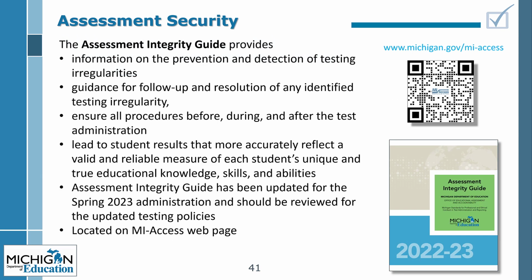The Assessment Integrity Guide provides a number of items, including information on the prevention and detection of testing irregularities, guidance for follow-up and resolution of any identified testing irregularity, and assurance that all procedures before, during, and after the testing administration lead to student results that more accurately reflect a valid and reliable measure of students' unique and true educational knowledge, skills, and abilities.